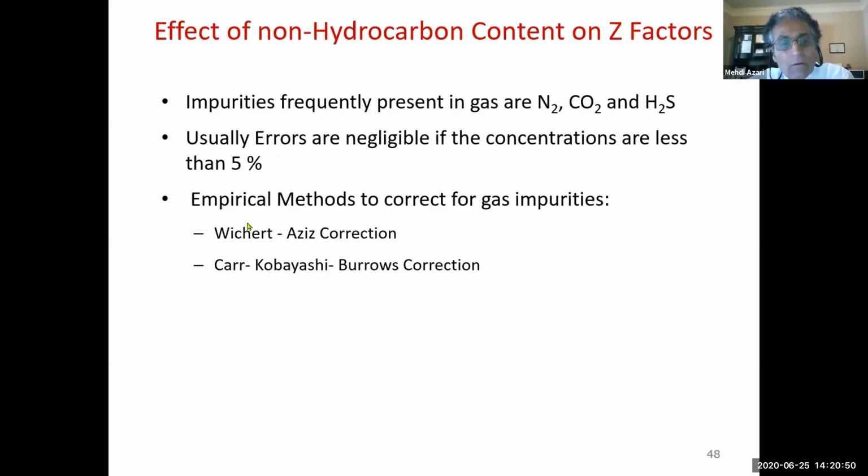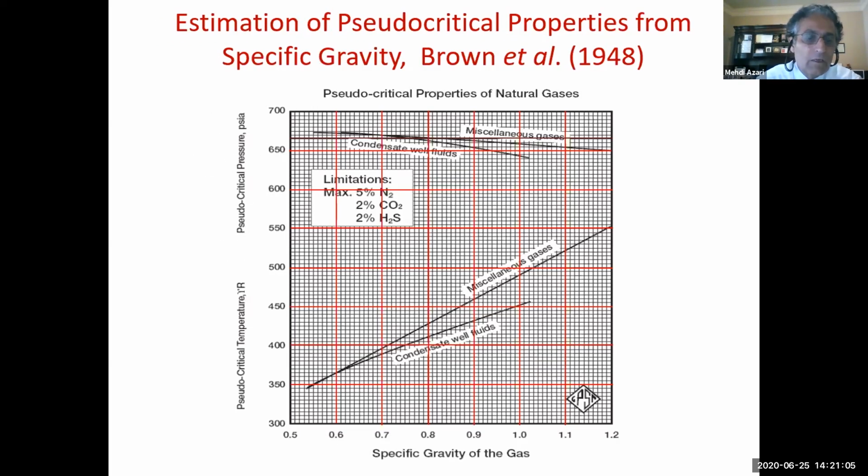All right. So now these are graphical, not software. From a mixture, you know the specific gravity of the mixture because you have the composition. You come down here, you get the critical pressure and temperature of that mixture, because for the mixture we call it pseudo.